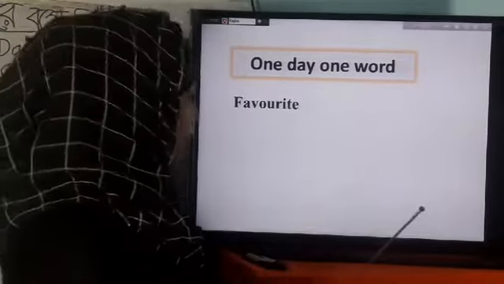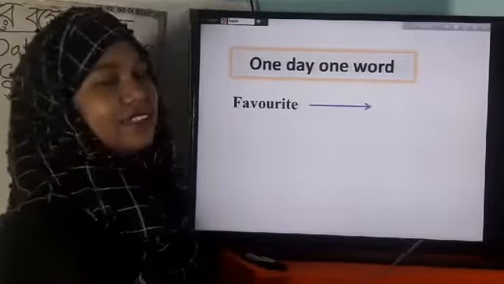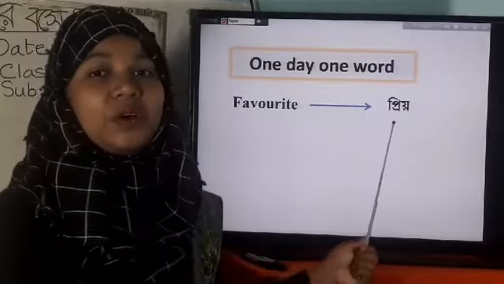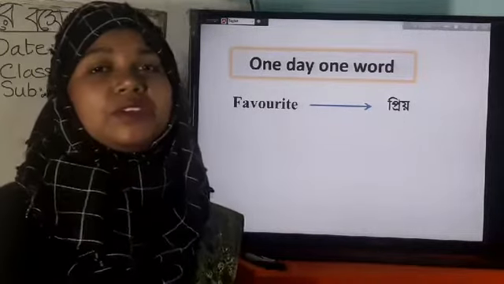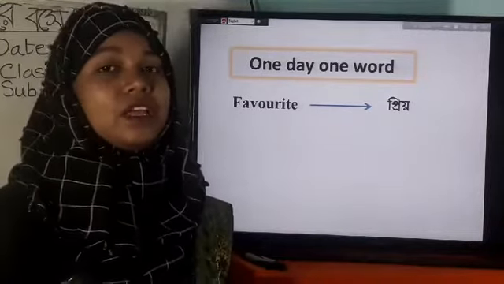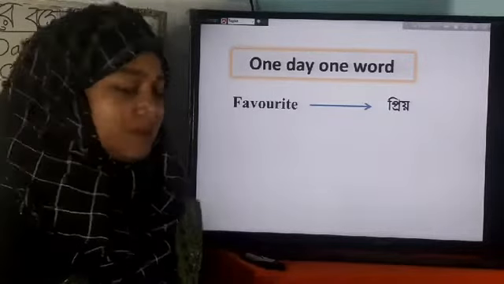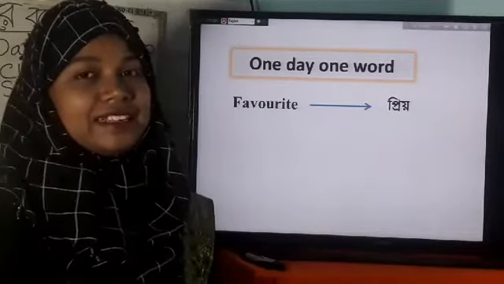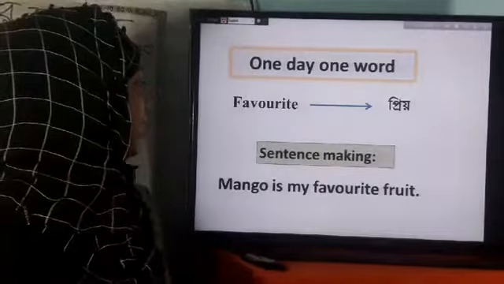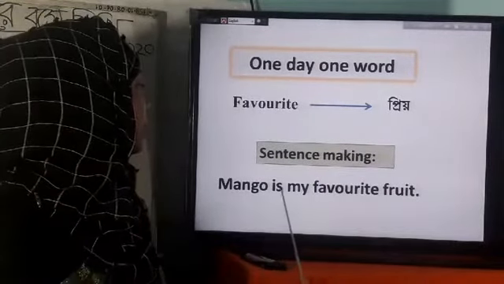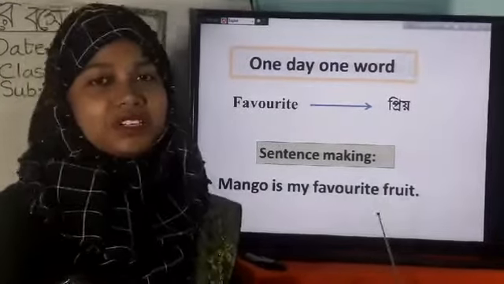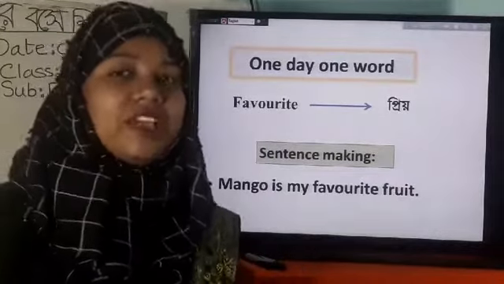And the Bengali meaning of favorite is priyo. Dear student, can you make any sentence with this word? I think you can make a sentence. I also make a sentence: Mango is my favorite fruit.